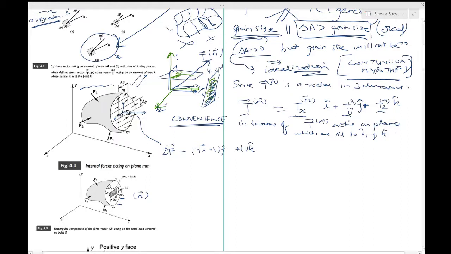So delta Fy and delta Fz are parallel to the surface. So you will have a delta Fx, delta Fy and delta Fz over here, one normal and two parallel. Now figure 4.5 shows these referred to along the axes. This we have already seen in figure 4.5. Now we proceed further with this.